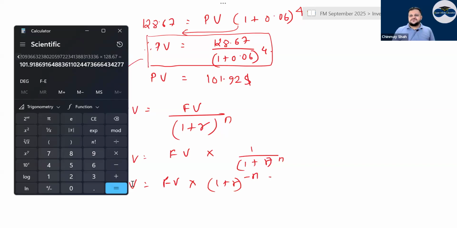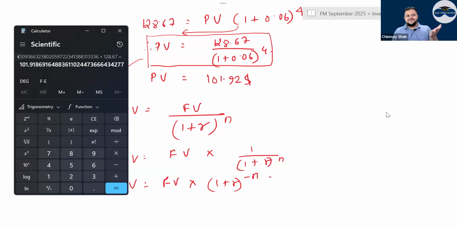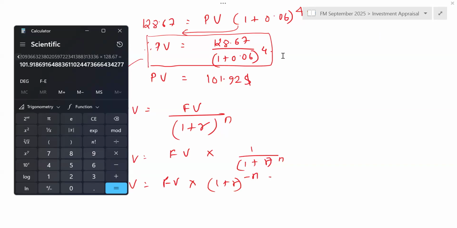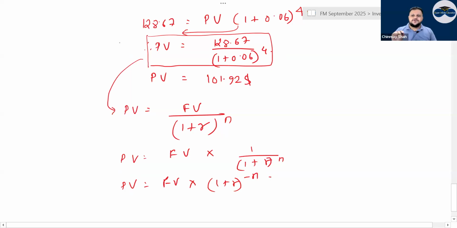Does it give you the answer 101.92? Yes, it is happening on the calculator. On a normal calculator, raised to minus 4 does not work, so this can be verified on a scientific calculator. On a normal calculator this will not happen, but this is how it is.